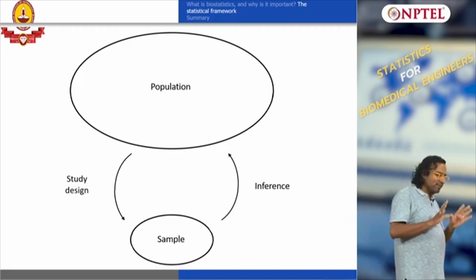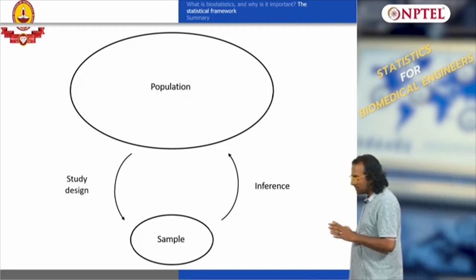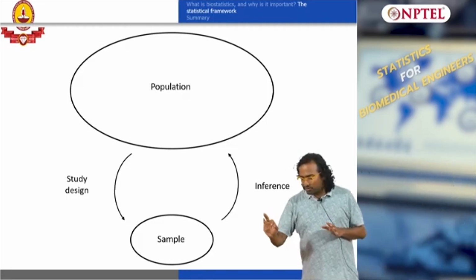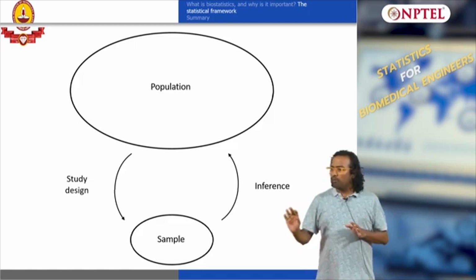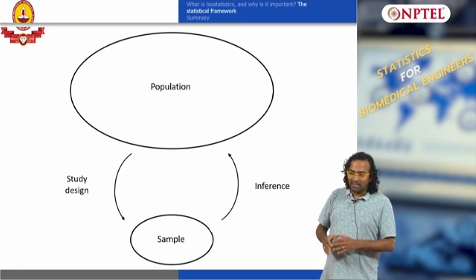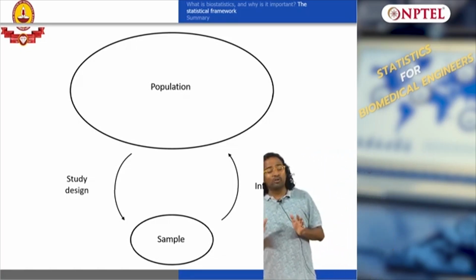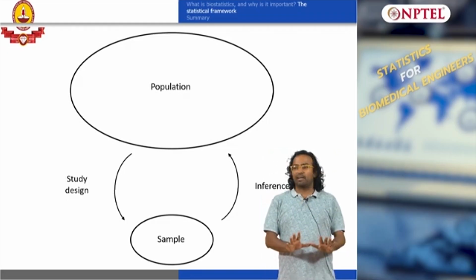So, remember when we are talking about clinical trials or drug discovery, the intended purpose should be very clear. Whom are we targeting? The population here does not mean the entire population, but the population you are targeting.